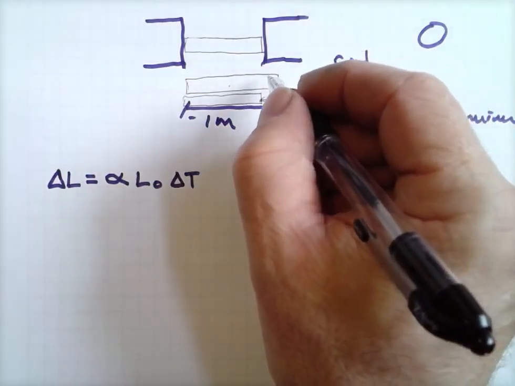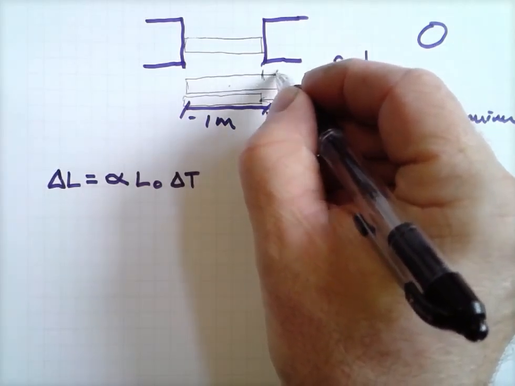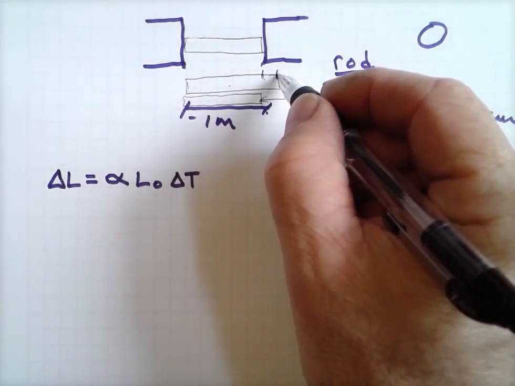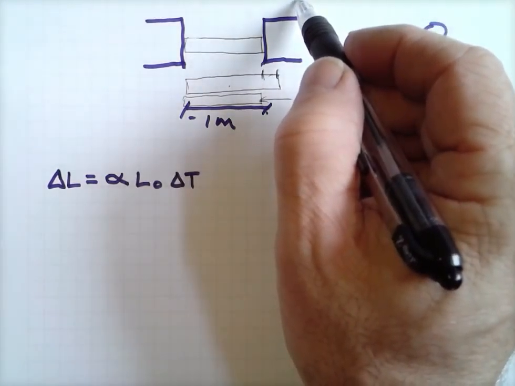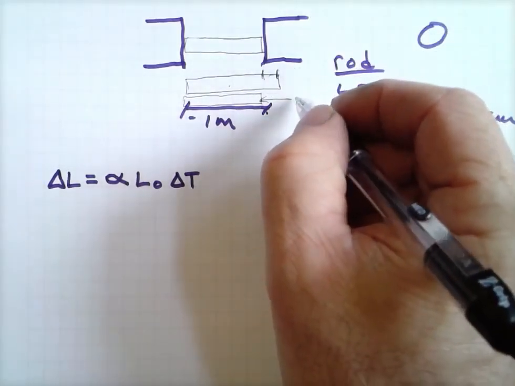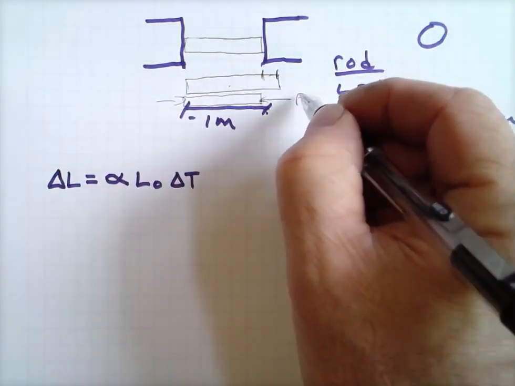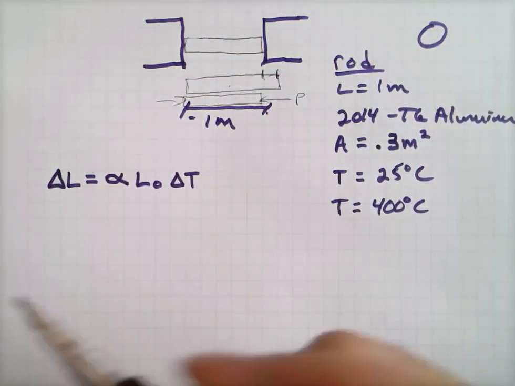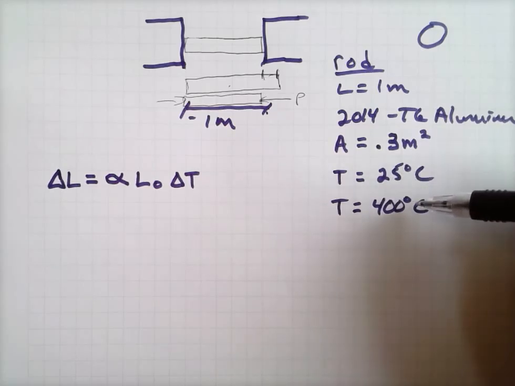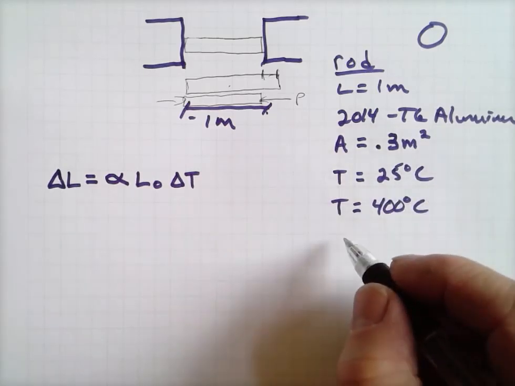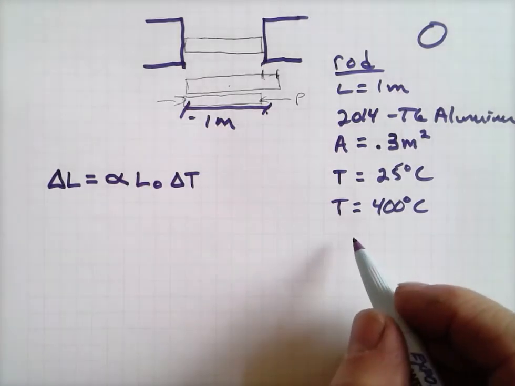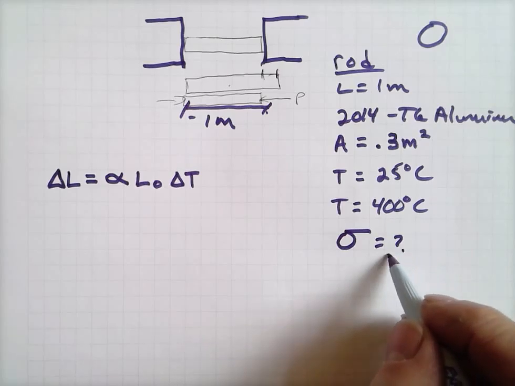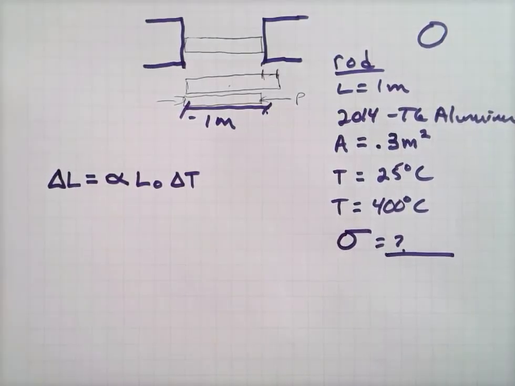Well, what we can do is use the thermal expansion equation to see how long it wanted to get. Then we can use the PLAE equation to find out what force it would take to bring it back. And the question that goes with a problem like this is, when the rod is heated from 25 degrees to 400 degrees, what axial stress is developed in the rod?